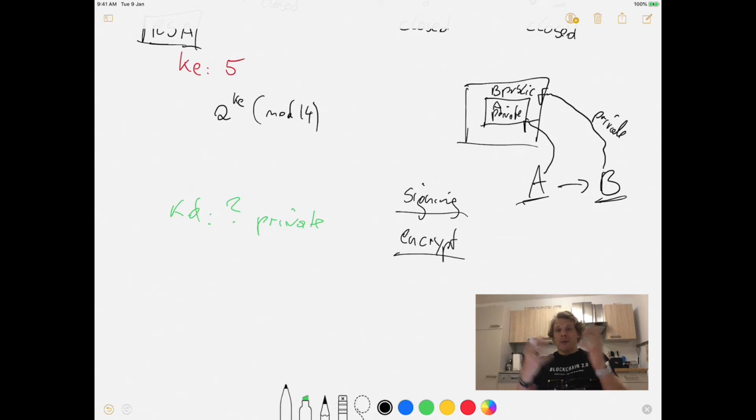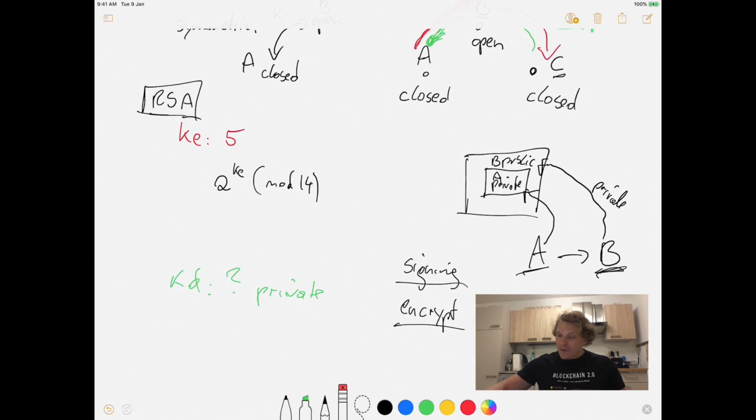So then the person that you send the message to, in this case Bob, can decrypt it, and he can verify that the message is actually from Alice. And this is the same thing that happens in Bitcoin, in cryptocurrencies, and everywhere. And now I want to show you a very, very, very basic example. And here is how this example works.